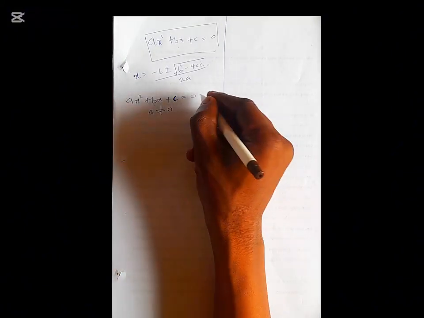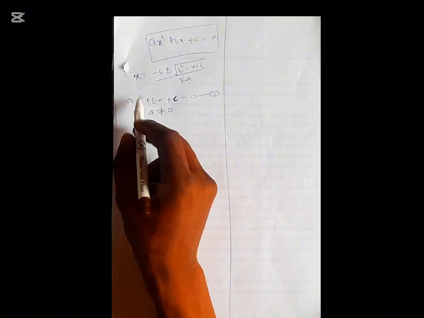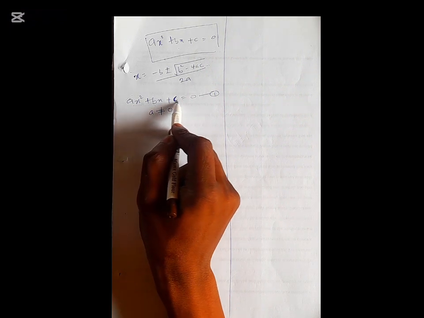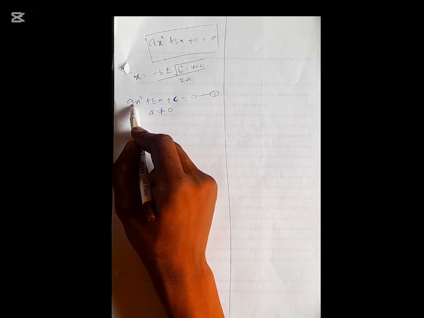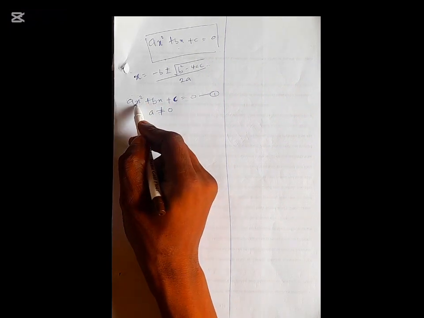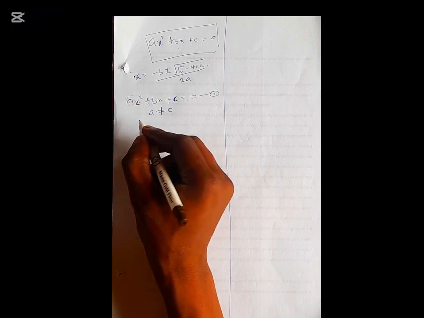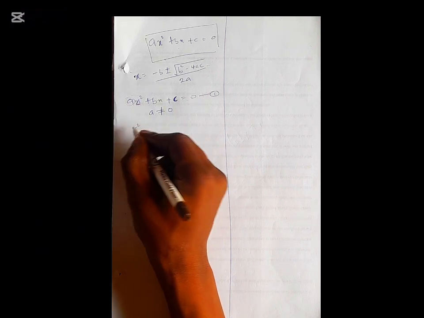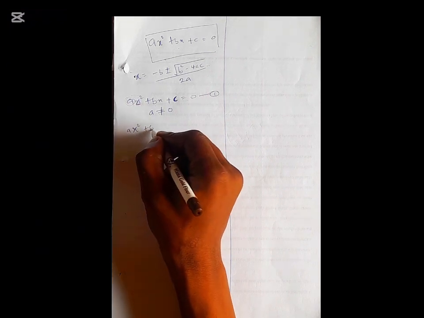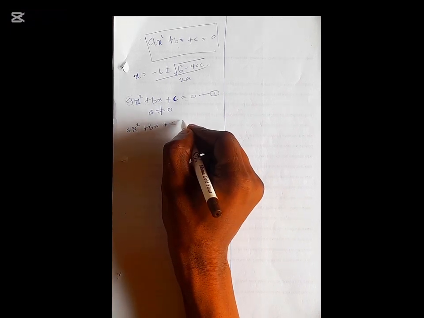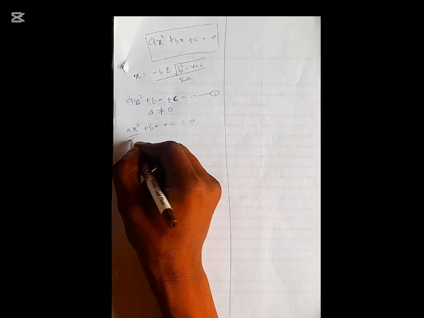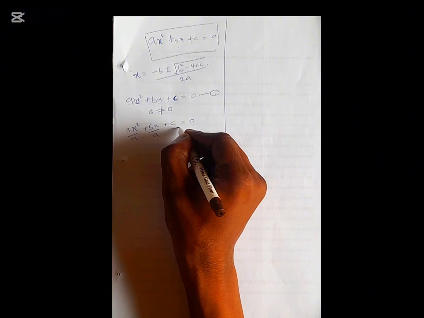So the first thing to do, step 1, is to divide through by a, which is the coefficient of x squared. Divide through by a. So what do we have? We have ax squared plus bx plus c equals 0, divided by a, divided by a, divided by a.